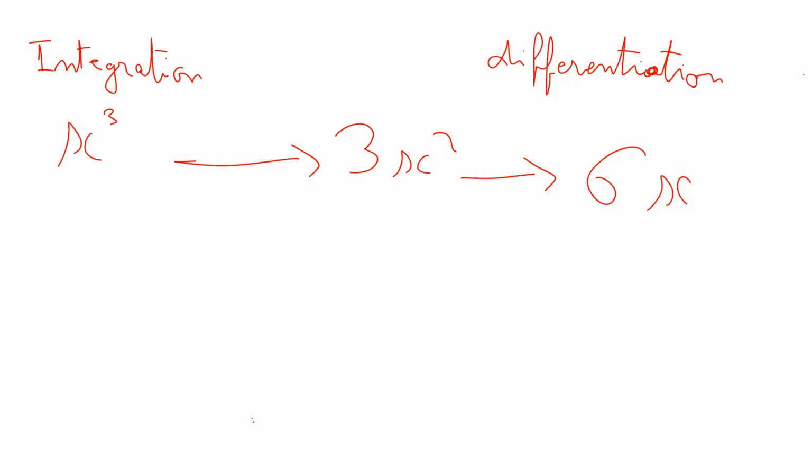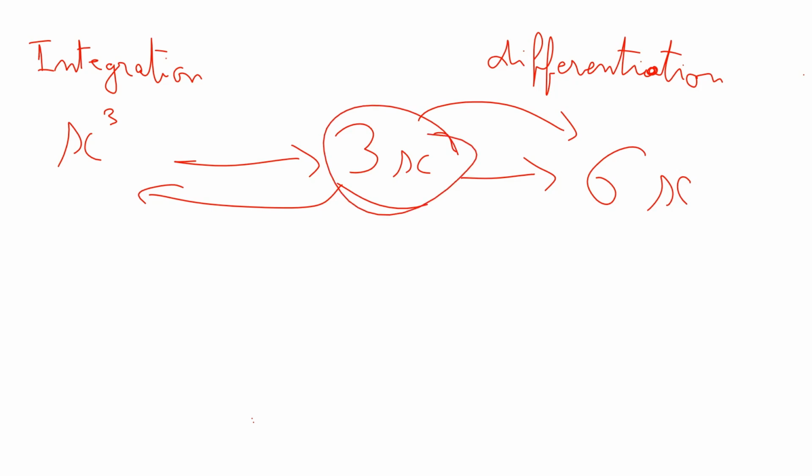So differentiating this function here is like going to the future. It's like asking, what will this function look like if I were to differentiate it? And on the other hand, if I were to integrate it, it's like asking, what was the function that I had in the past before getting to this function here? So it's like going to the future or to the past. That's one way of looking at it.